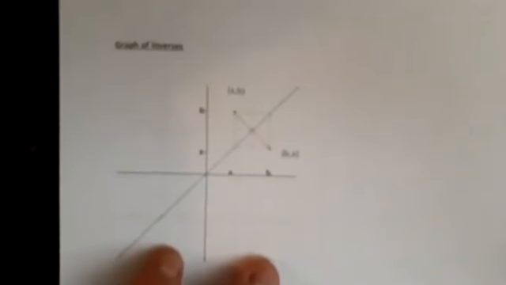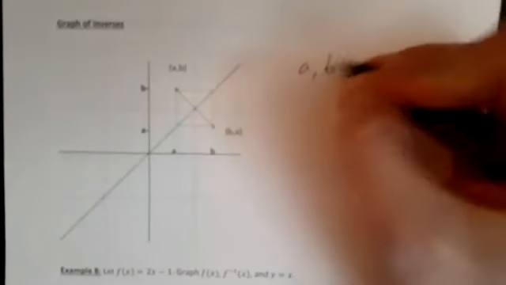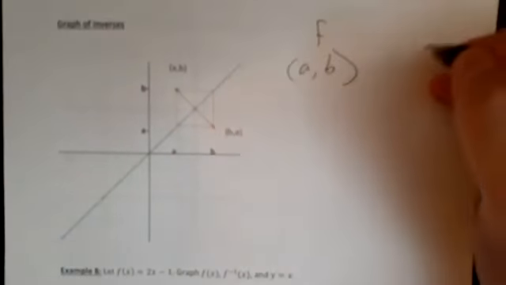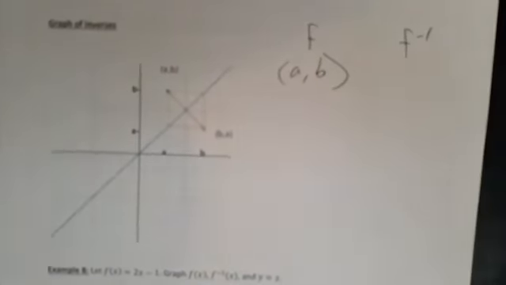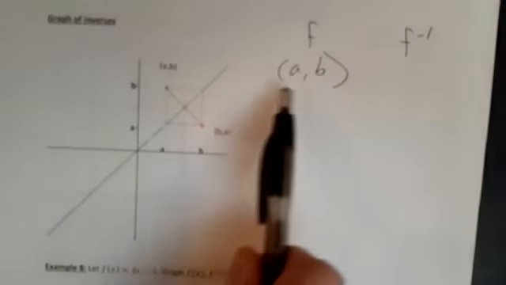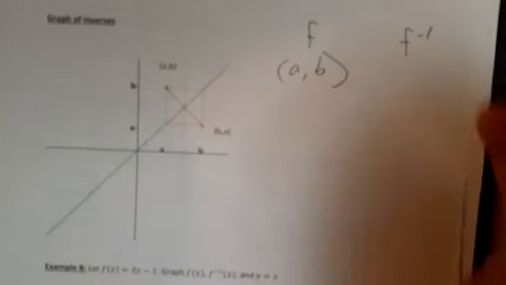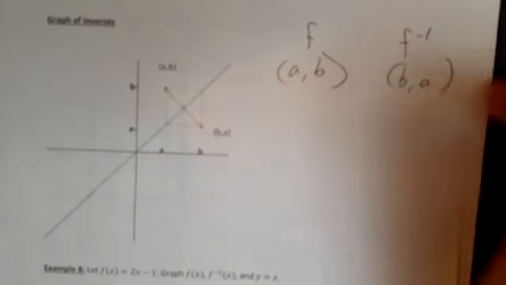Okay. So this is a quick look at graphing inverses. We want to think about how inverses look in their graphs. If (a, b) is in f, well, f takes a to b, then f inverse would take b to a.